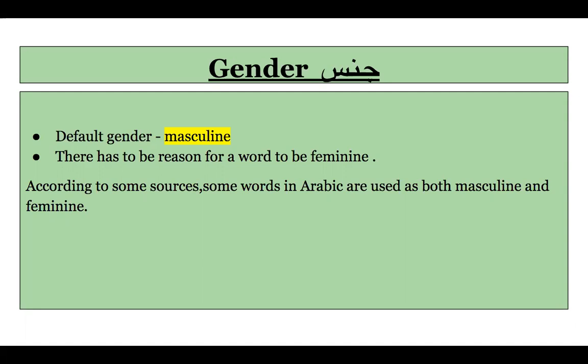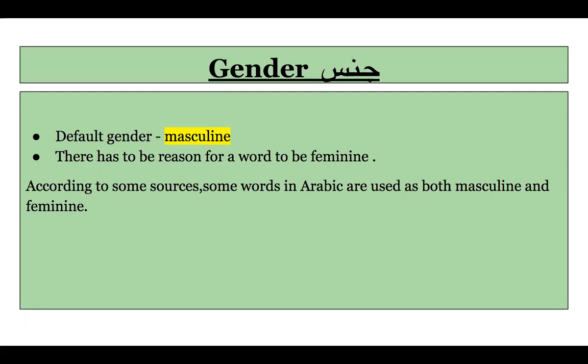Okay. So your default gender is masculine. There has to be a reason for a word to be feminine. According to some sources, some words in Arabic are used as both masculine and feminine, because that would have made things confusing for you. I did not put those words in the slide, okay? Because according to majority sources, every word is either under the category of masculine or feminine.